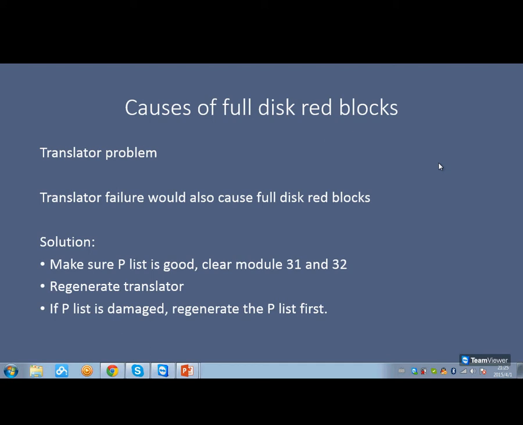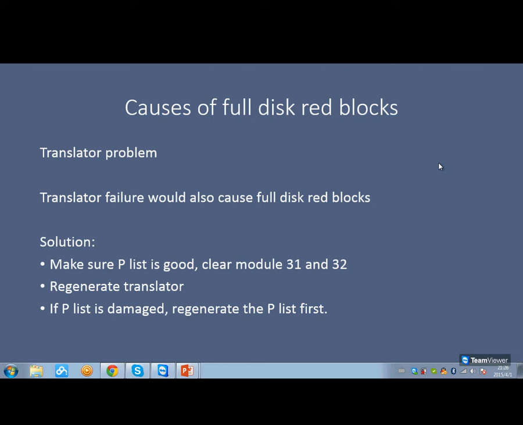From the program drop-down menus, under defects, there's a one click that says regenerate playlist. So you regenerate the playlist first, clear the modules, then regenerate the translator, and the problem can be fixed, which is not hard.